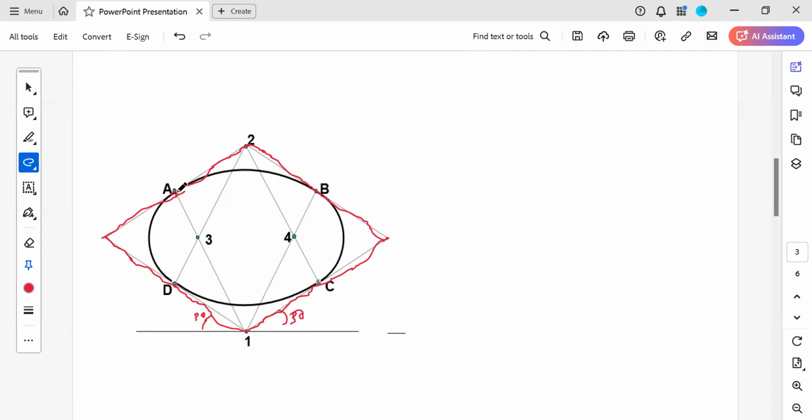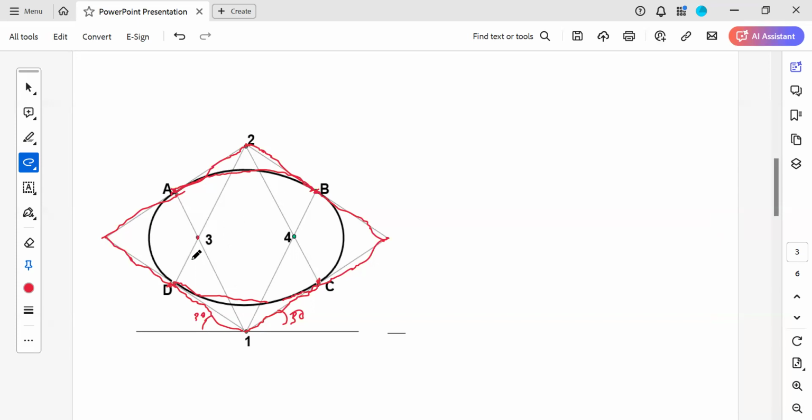Now find the midpoints of the sides: A, midpoint of side B, midpoint of side C, midpoint of side D. Taking the corners along the shortest diagonal, 2 as a center, you draw an arc from D to C. You will get the isometric view of the circle. 1 as a center, you draw one arc from A to B. Next, you join A with 1 and D with 2, and automatically you will get an intersection point.